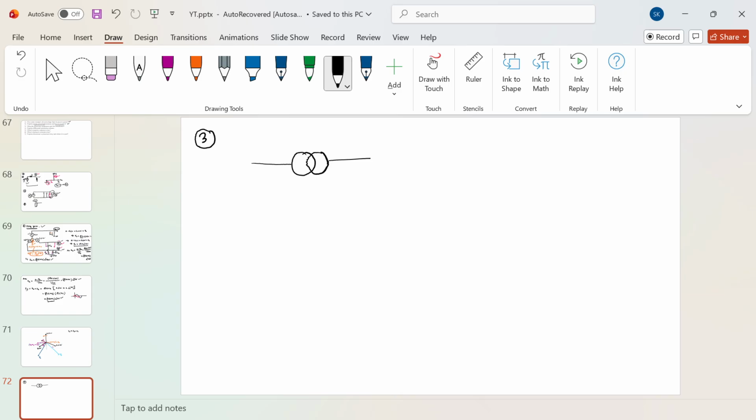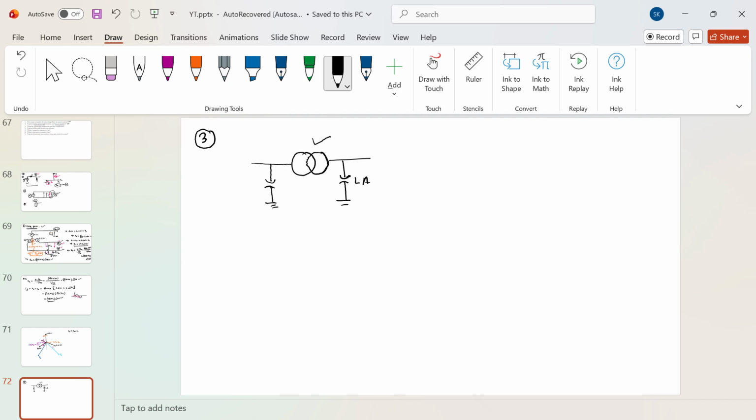To protect the transformer from lightning, we connect lightning arresters near the transformer on both sides. The characteristics of the lightning arresters are basically linear, non-linear.